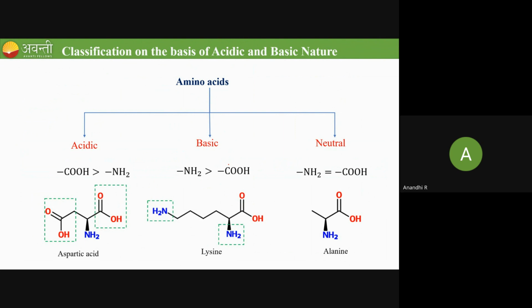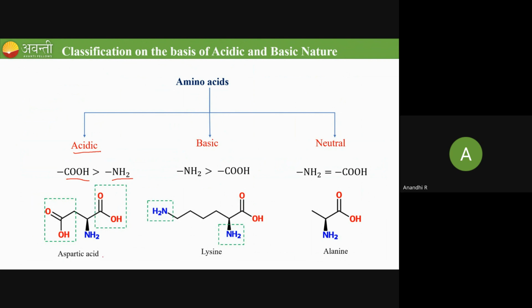Okay. So the first classification is on the basis of acidic and basic nature, and according to this, it is again classified into three, which you are seeing on the screen: acidic, basic, and neutral. So what is meant by an acidic amino acid? If an amino acid contains more COOH groups compared with NH2 groups, then those amino acids are called acidic amino acids.